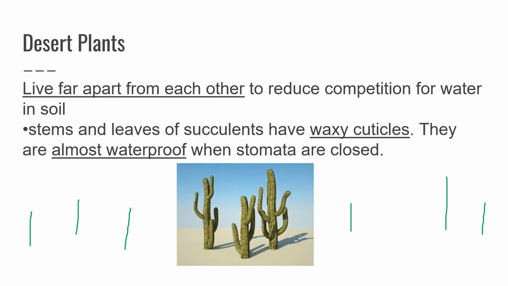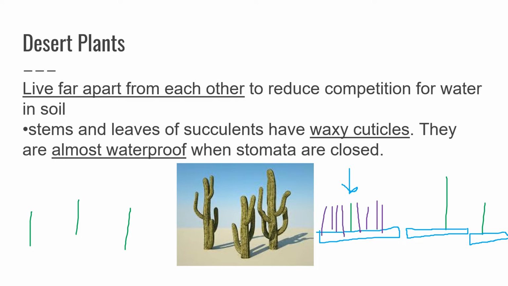The reason for that is this. There's only so much water within this area. Let's pretend this one blue box I just drew represents water for this cactus. And then this guy gets all the water in this area. And this guy gets all of the water in this area. Let's say there were multiple cacti, now I'm drawing in purple, growing close to each other, right?